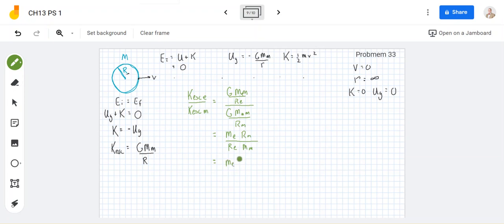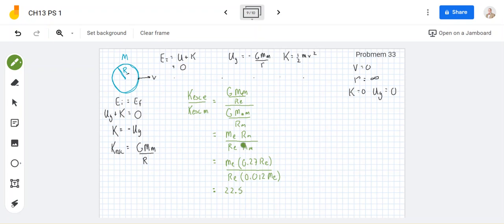So according to the internet, the radius of the Moon is 0.27 times the radius of the Earth. And apparently the mass of the Moon compared to the mass of the Earth is 0.012. So if I divide, everything ends up canceling out here, and I end up with 22.5.